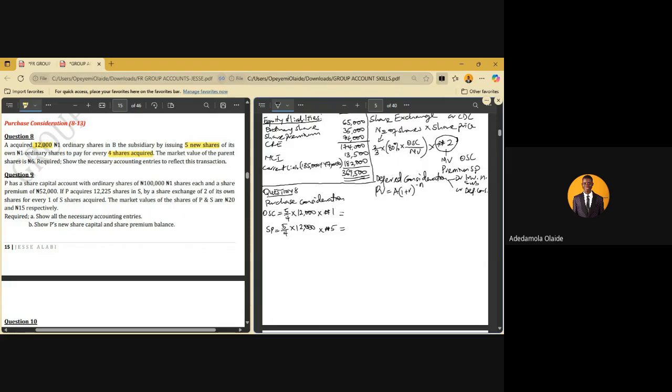However, we are supposed to multiply it by 6 naira, but we are comprising things on the nominal value, and whatever excess we have, we treat as share premium. So the share premium will be 5 naira. That is 6 minus 1. That's how we got this. So what's the figure? What is the figure, please?